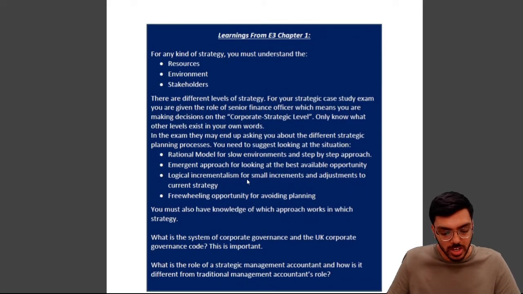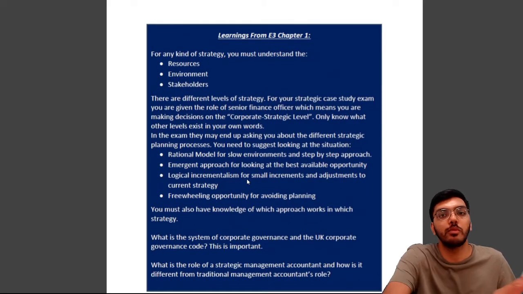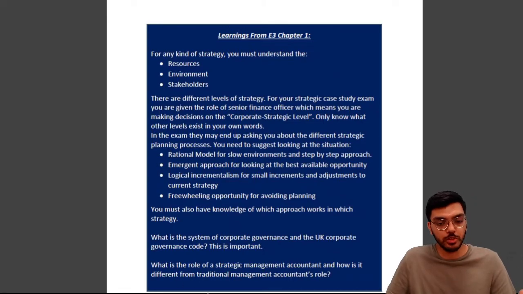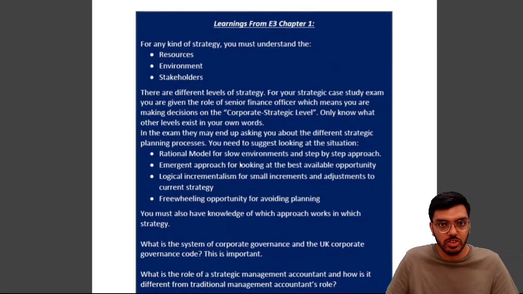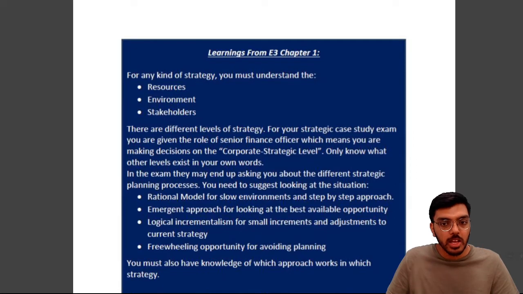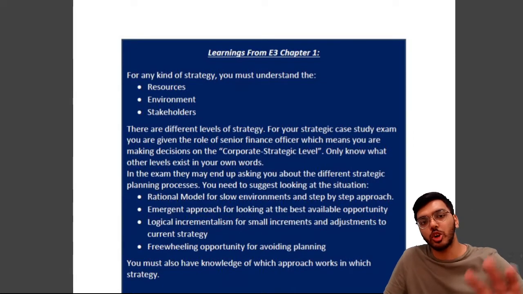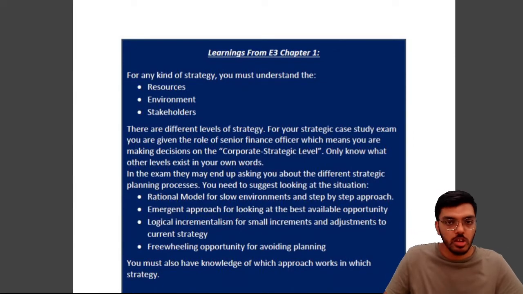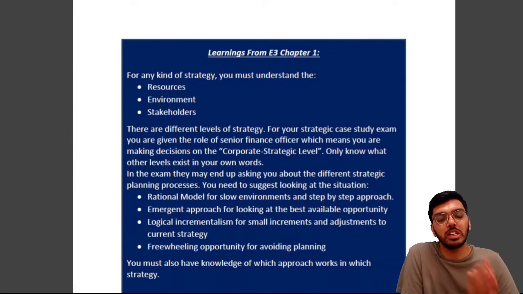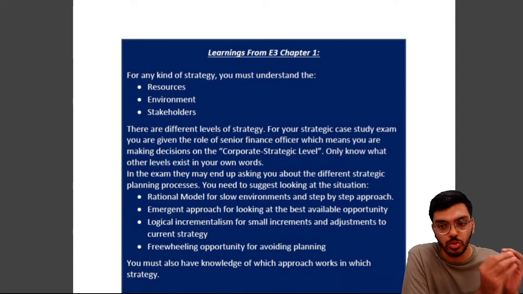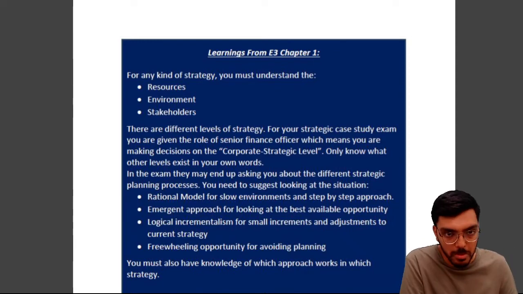And let me showcase it to you. For the purpose of showcasing, I've just taken E3 chapter number 1, and topic number 1 itself. After you've gone through the notes, this blue box tells you what you are supposed to know and remember.